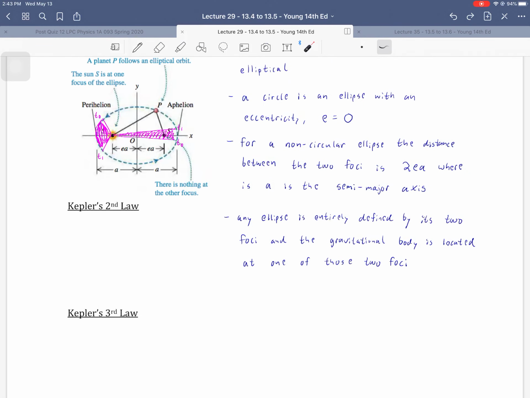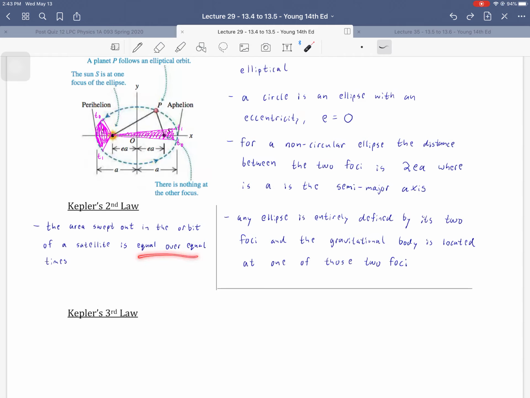Okay, so moving on to Kepler's second law. Kepler's second law is all about these shaded regions in pink here, right? A short, squat shaded region and an elongated, thinner shaded region, and how they relate to each other. Kepler's second law states that the area swept out in the orbit of a satellite is equal over equal times.